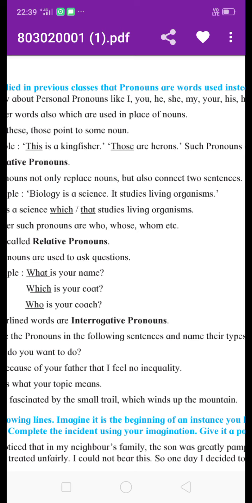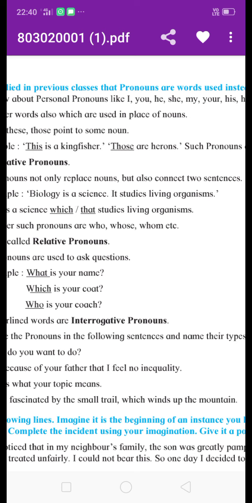These point out a certain object. For example, these are not our books. Book is the object, and the demonstrative pronoun these points out that object, book. Or those are new belts.